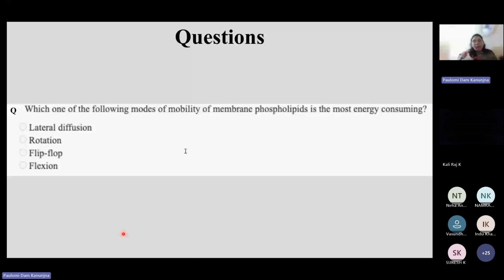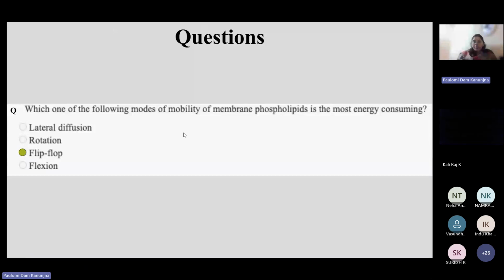Even if you don't know the answer, you can take a guess just by the mode of the movement of the proteins, which will require more energy. Yes, people are very smart here. Yes, flip flop, right?